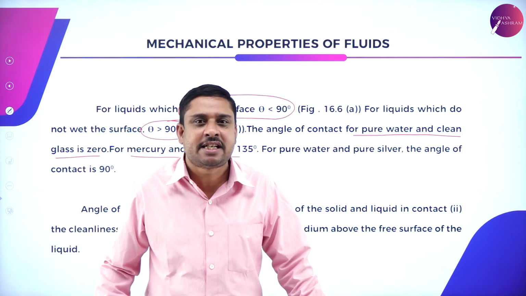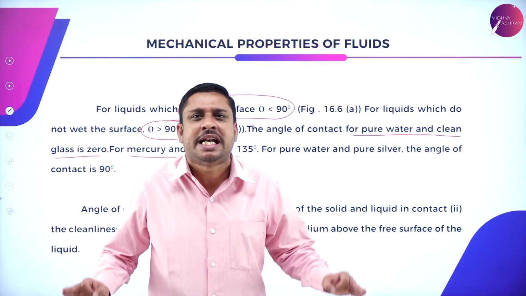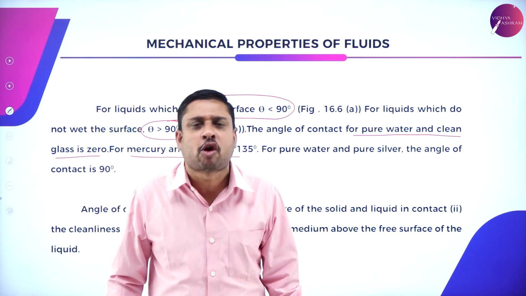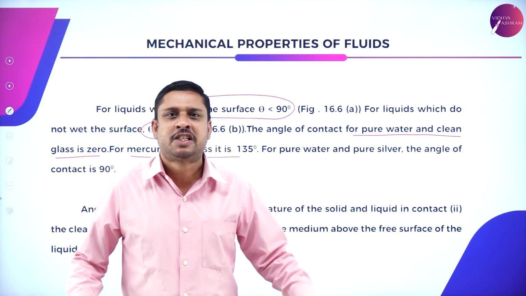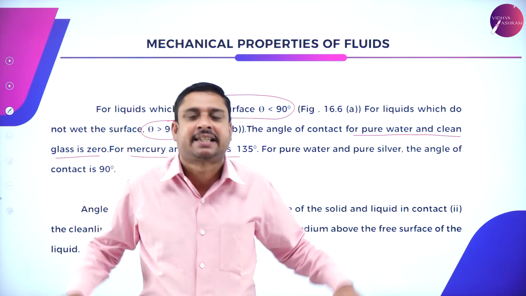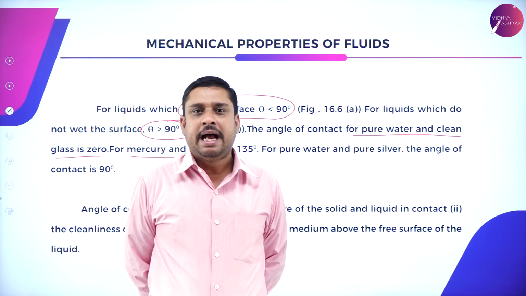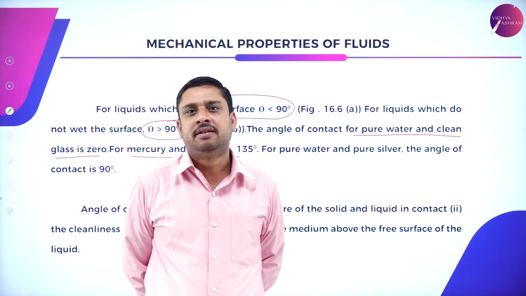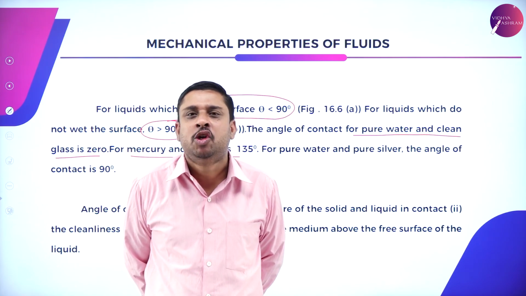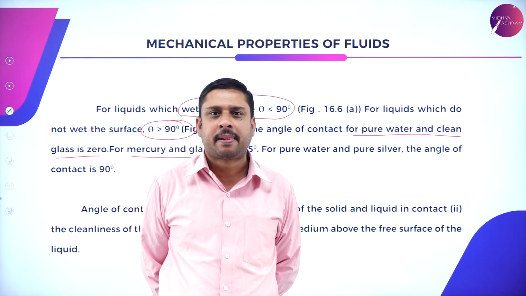What is surface tension? Tangential force or force per unit length of the fluid, which makes fluid as a membrane which is contracting and trying to occupy less area. Force per unit length, Newton per meter square.